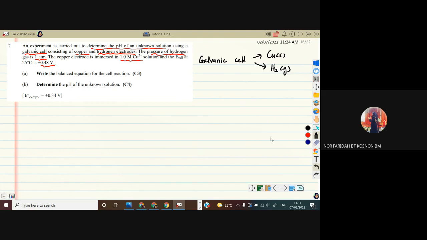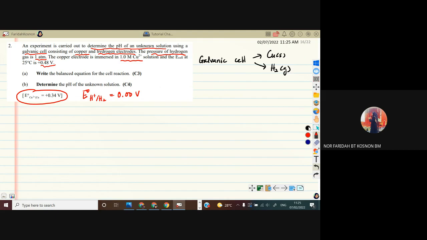Dia dah bagi dalam soalan ni standard reduction potential bagi copper. Standard reduction potential value for hydrogen atau SHE ni adalah 0.00 volt. Ini paling senang nak ingat. Copper pun senang nak ingat. Jadi daripada dua nilai ini barulah kita boleh pilih anode dan cathode.